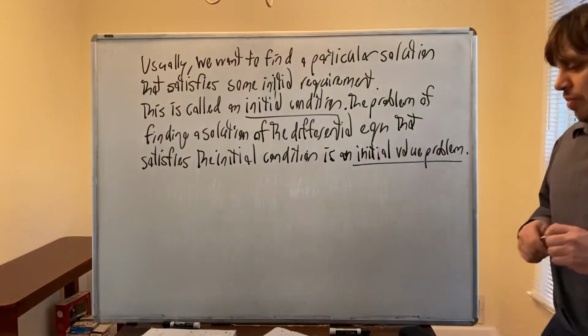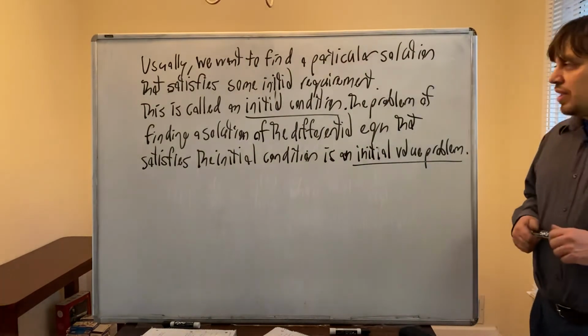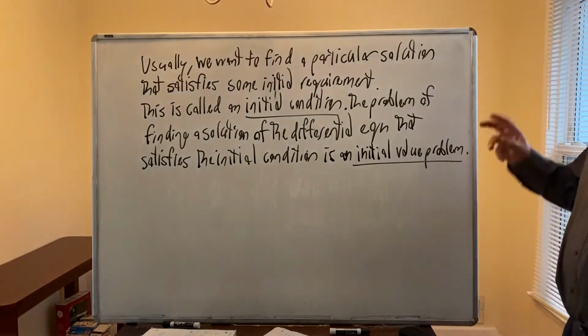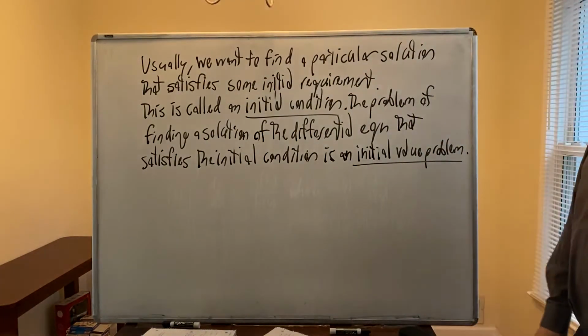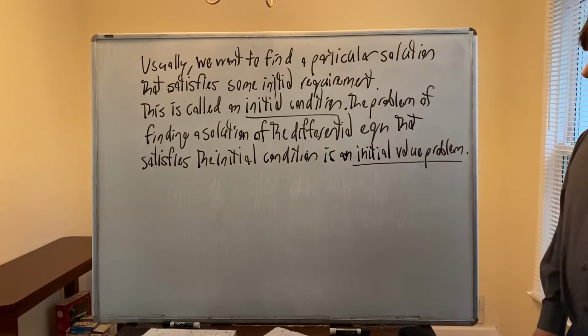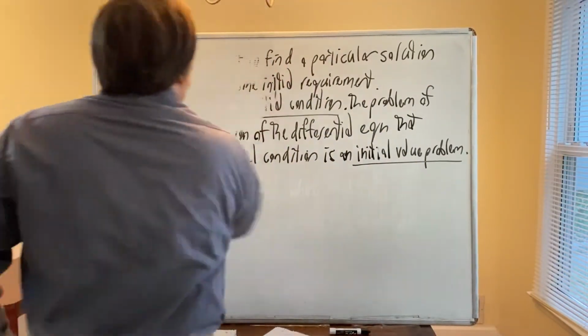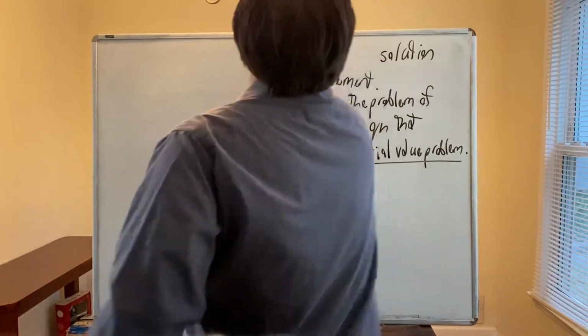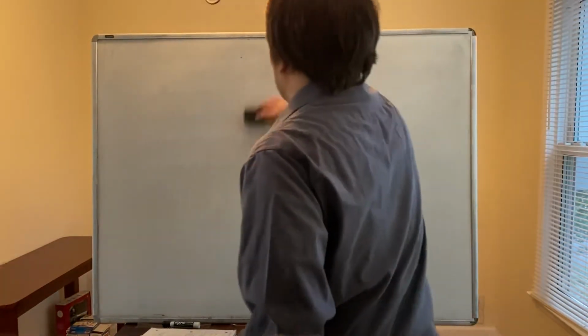Okay, so for the next example we'll do, we will solve a differential equation and find a particular solution that satisfies some given initial condition. Let's start with the first example in section 7.7.